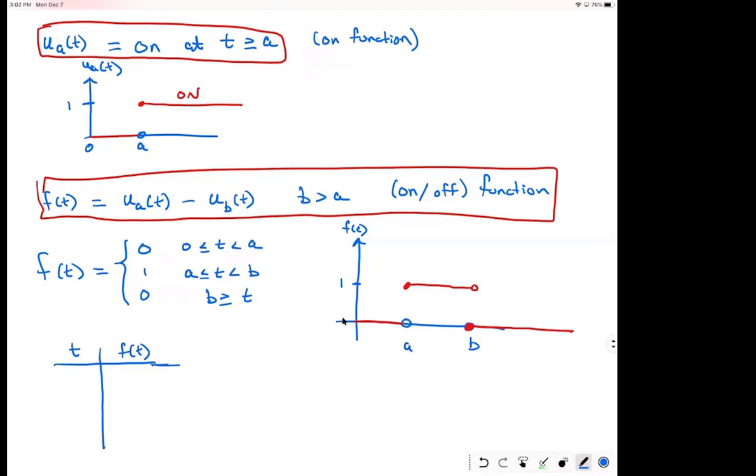So make yourself a table with t and f of t, and figure out what's happening at 0, what's happening at a, what's happening at b, and what's happening at b plus 1, so like the next thing. And look at those two definitions with the u of a and the u of b, and work that out on your own. See if you can convince yourself of that.